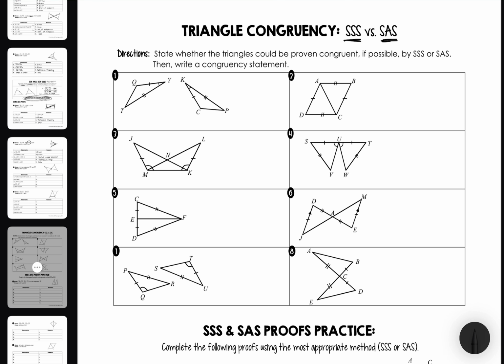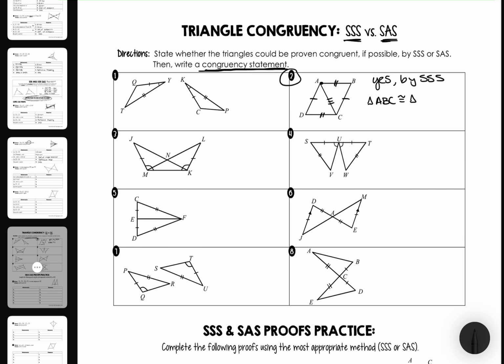So if I have all three pairs of congruent sides, cool, yes, I can prove these are congruent by side, side, side. Also, they're saying write a congruency statement. So for instance, let's just go through example 2 real quick. I have 1, 2, 3 pairs of congruent sides. So yes, by side, side, side, these can be proved congruent. And then make sure when you're writing your congruency statement, I could say triangle ABC is congruent to triangle.